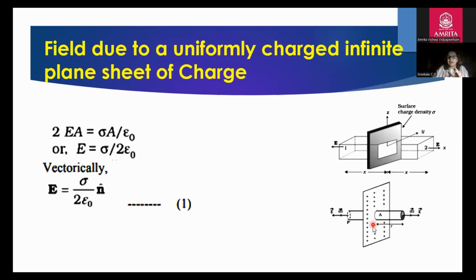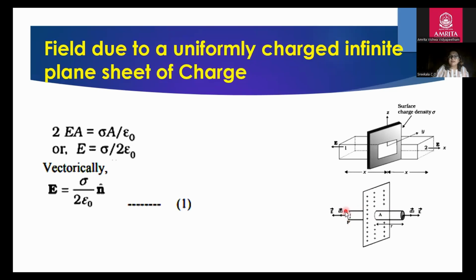So you are considering a thin sheet as a paper, and then a cylindrical Gaussian surface like this, a smaller one. If it is a notebook, take a notebook and put it here, then it will be very thick. Then one surface will go inside the book.